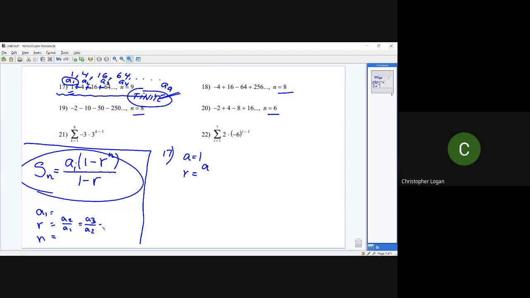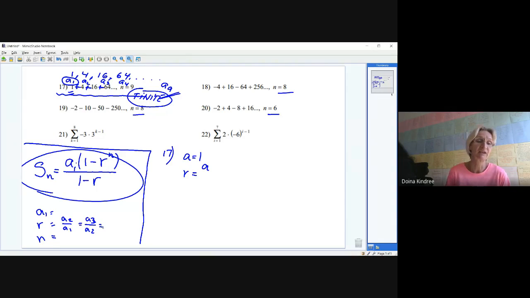So the second divided by the first, the third by the second, A4 divided by A3. So you will be given geometric sequences. So A2 divided by A1 is 4 divided by 1, so 4.